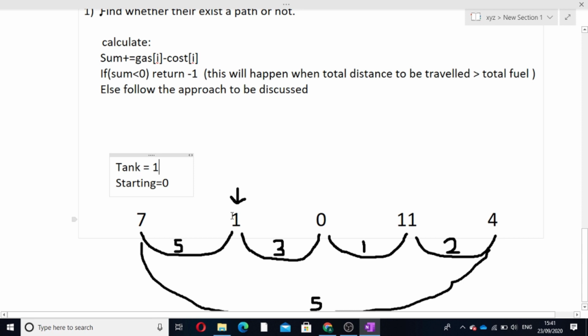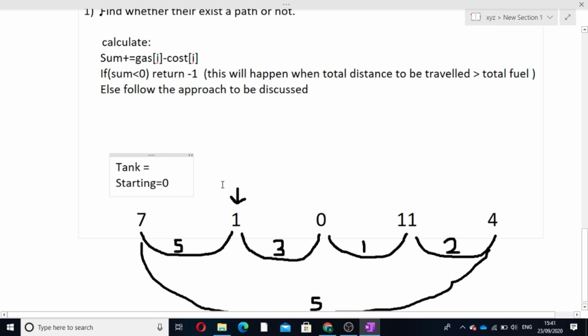So using this gas station we won't be able to move to the next gas station. But when we used the earlier starting point, the initial capacity of the tank at this gas station was 2, to which we added 1, and then we were easily able to go to the next gas station.